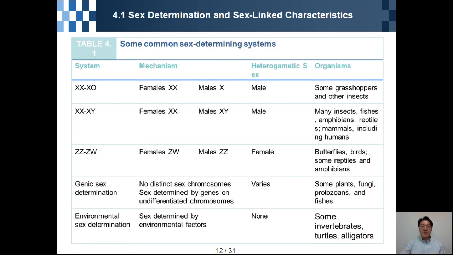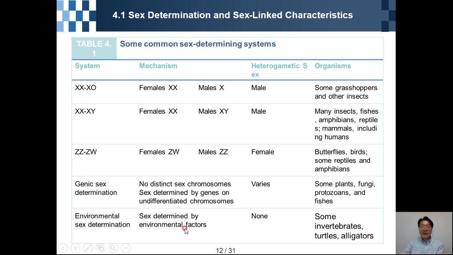Okay, this table summarizes the sex determination systems. We already learned XO, XX, XY, ZZ and ZW, where sex chromosomes are involved in sex determination. How about genic sex determination? No distinct sex chromosome is involved in sex determination. How about environmental sex determination?